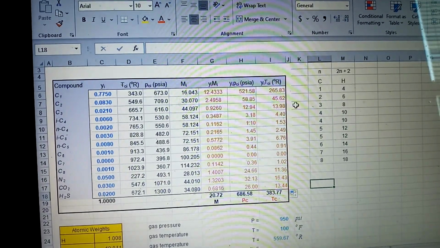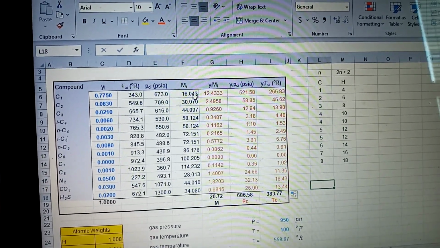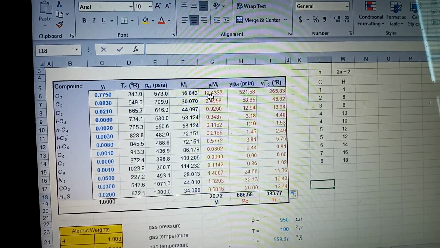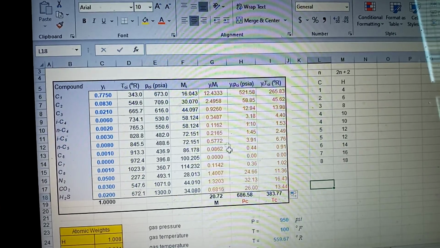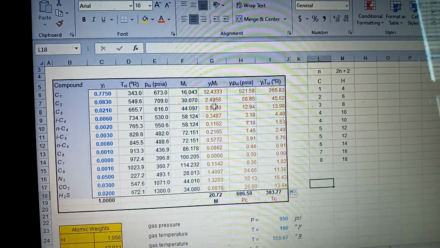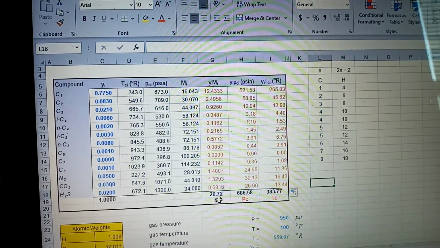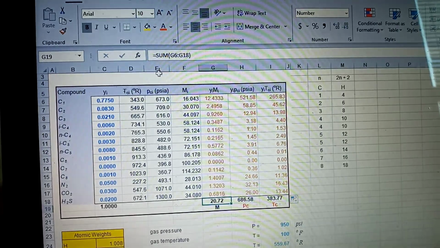Copy everything. Okay. So we've calculated the partial molecular weight, partial critical pressure, and partial critical temperature for all the components. So the molecular weight of the natural gas will be the sum of all this. I've already inserted a formula there that calculates the sum.